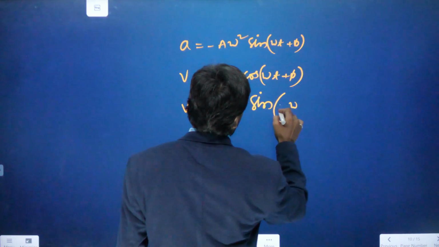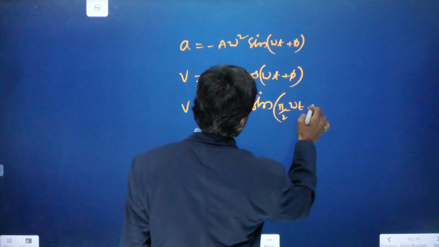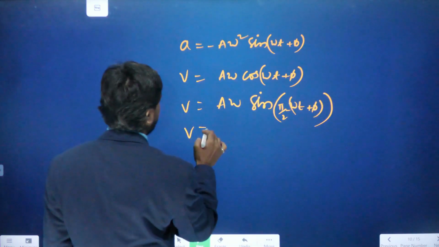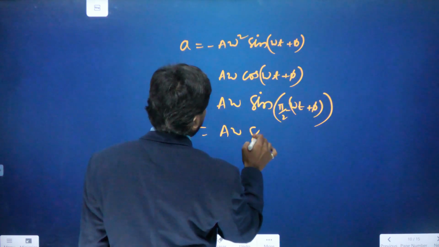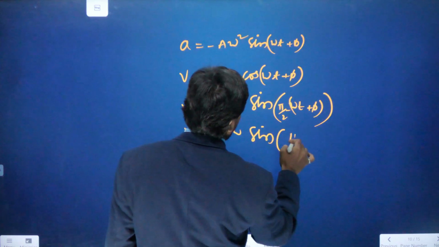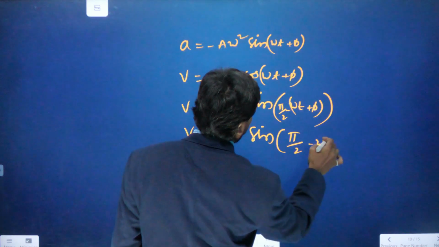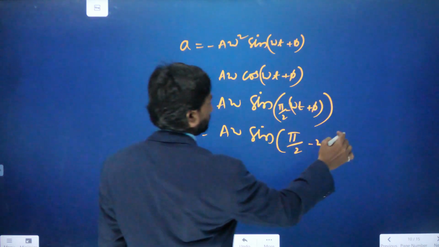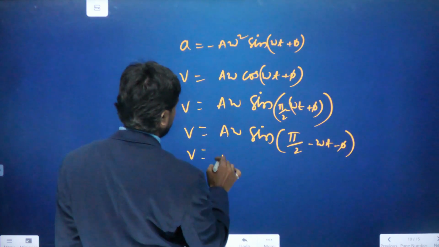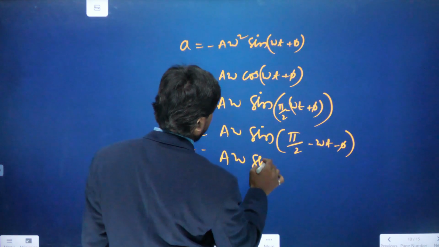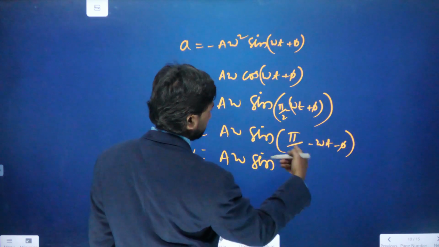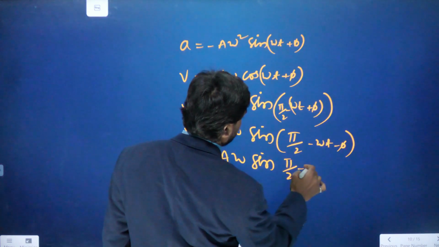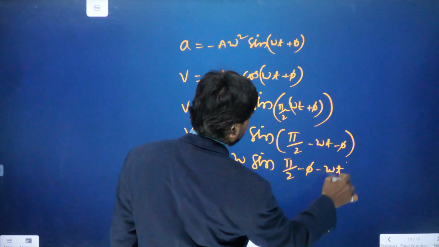So cos of omega t plus pi can be written as sine of pi by 2 minus omega t minus pi. So here v is equal to a omega sine of pi by 2 minus pi minus omega t.